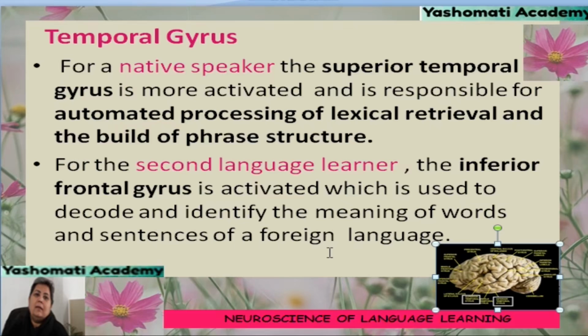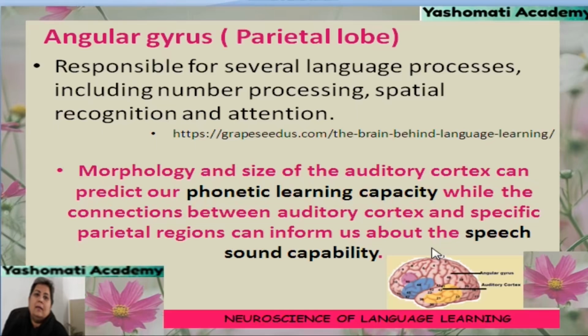So, that means that different parts of the brain are responsible for making us learn native language and second language.